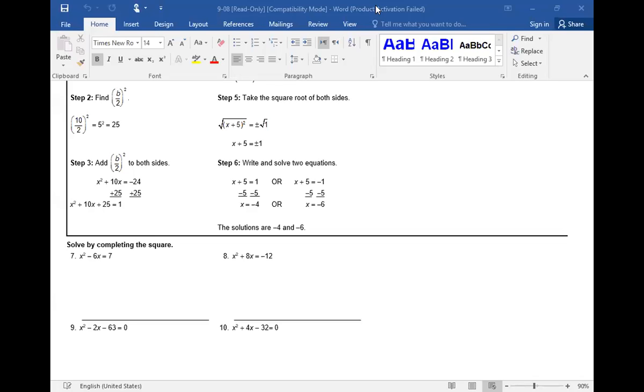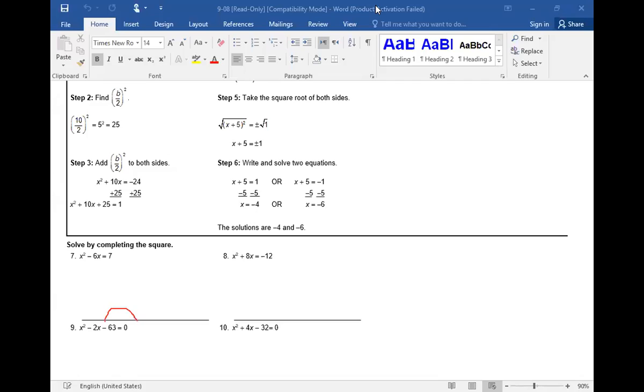Okay, for question number 9, how can we solve this question? x to the power of 2 minus 2x minus 63 equals 0. How can we solve this question? The question already has the b over 2 all to the power of 2, so we don't need this. Before we make b over 2 all to the power of 2, Johanna, we have to rearrange the equation.